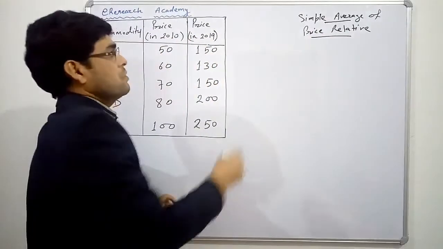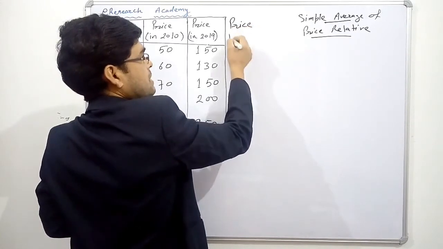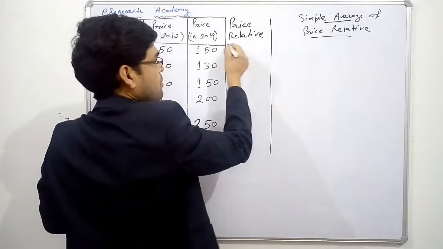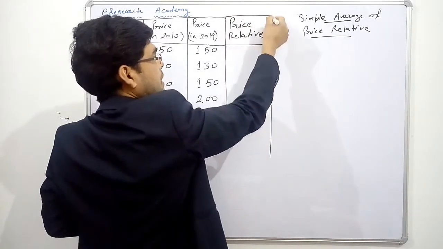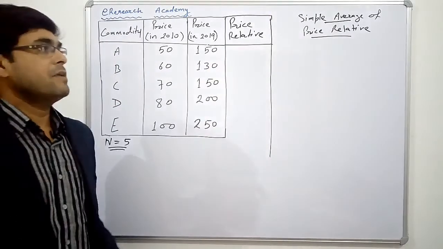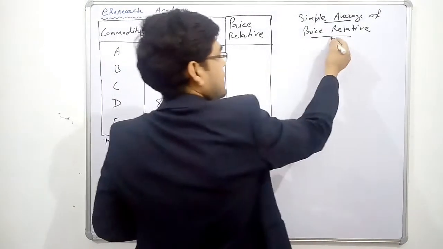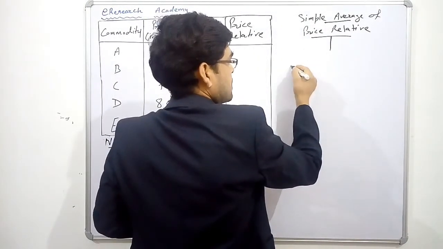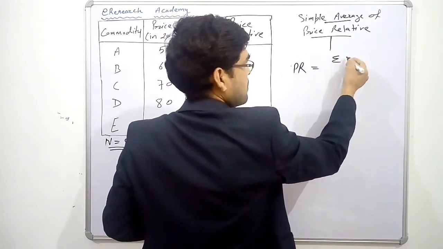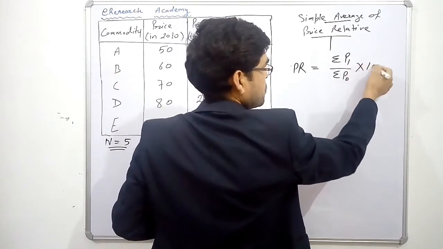First we need a price relative column. We need this column for constructing the price index under the simple average of price relative method. Price relative is denoted as PR equal to P1 upon P0 into 100.